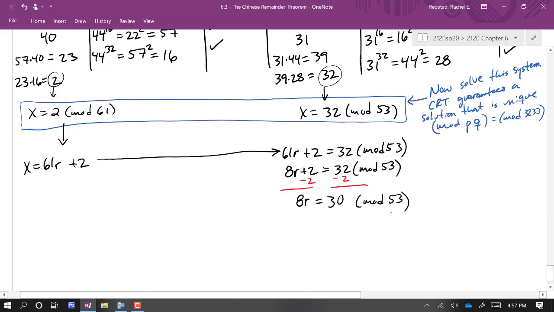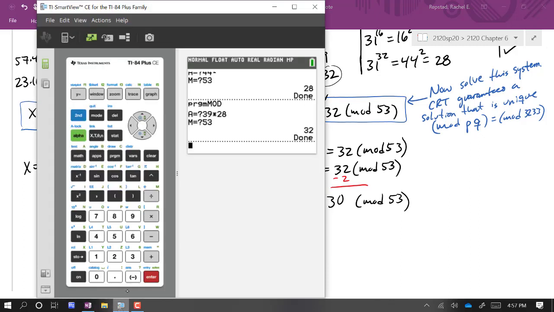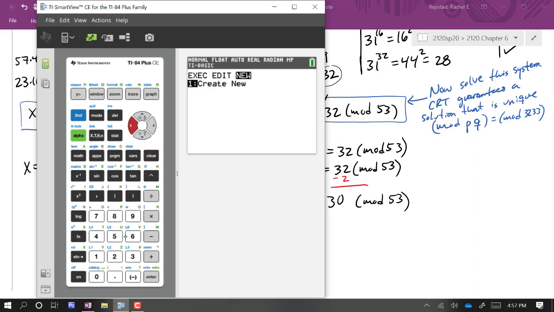We need the inverse of 8 mod 53. We can use the extended Euclidean algorithm, but just for the sake of saving time right now, because 53 is relatively small, I'm going to use this inverse program. If this were much larger, I would absolutely use the Euclidean algorithm, because that would probably be faster. I need the inverse of 8 mod 53. And we get 20.